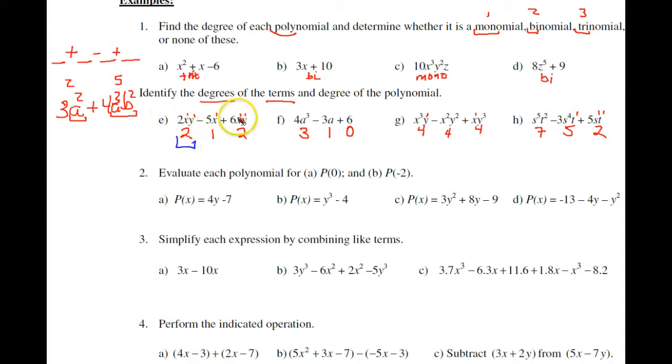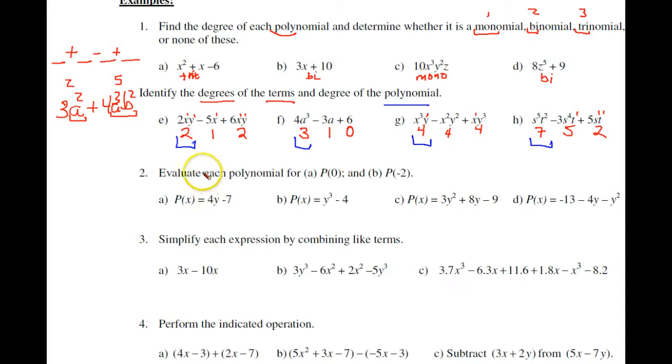So the degree of this polynomial is a 2. This one, the largest is a 3. So the degree of that is a 3. Here these are all 4, so the degree of this is 4. Here the largest degree of any individual term is 7. That happens to be the degree of the polynomial.